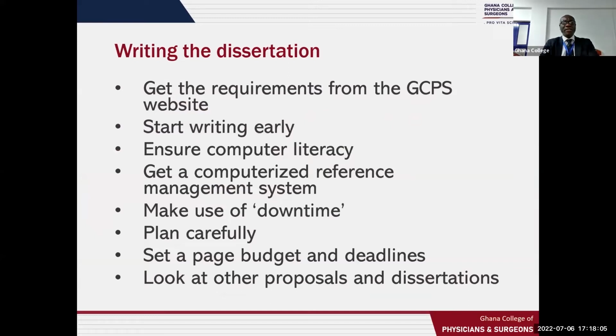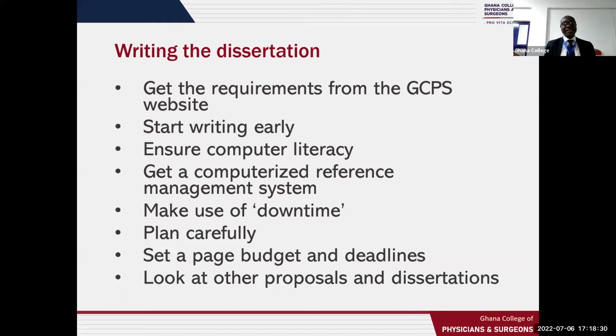So when the residents get down to writing the dissertation, it's helpful for us to give them some advice on how to make sure that they get things done properly and how to make sure that they don't fall behind. And some of these things might look obvious, but you'll be surprised at how many residents probably don't do this.